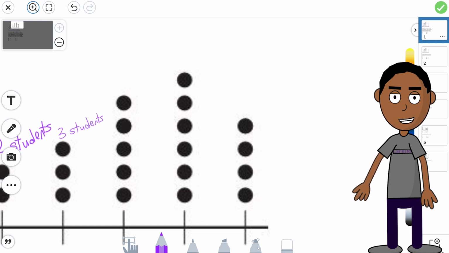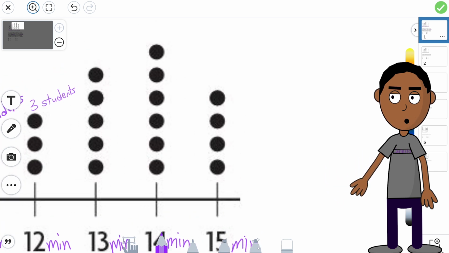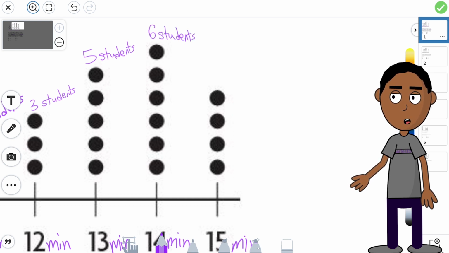On the next one, if you notice, it's 13 minutes for 1, 2, 3, 4, and 5. So five students completed the puzzle in 13 minutes. If I go to the next one for 14 minutes, I notice there are 6 students. And for the last one for 15 minutes, that's 4 students.